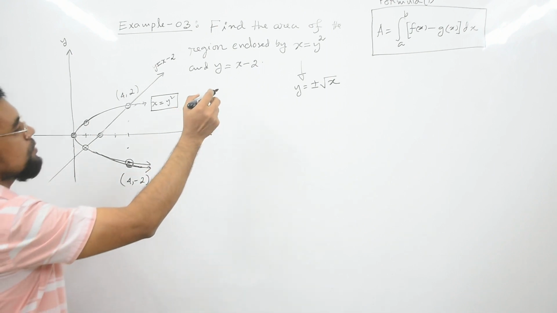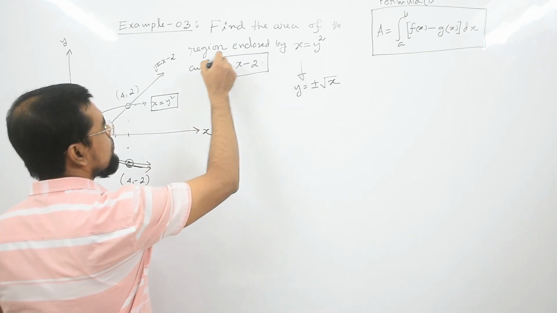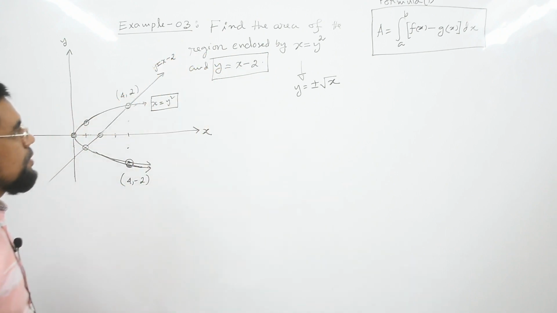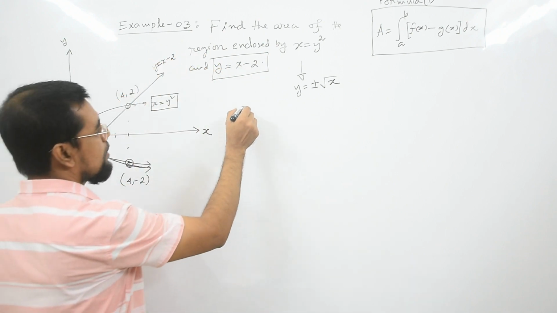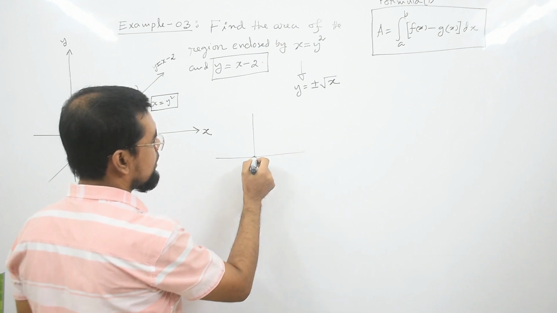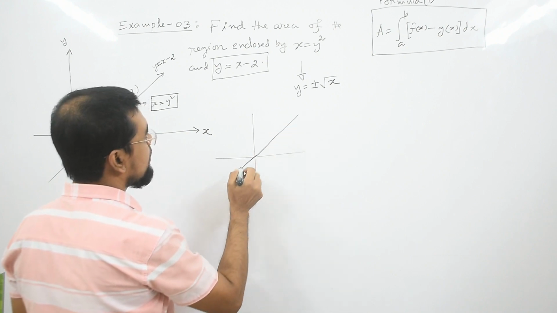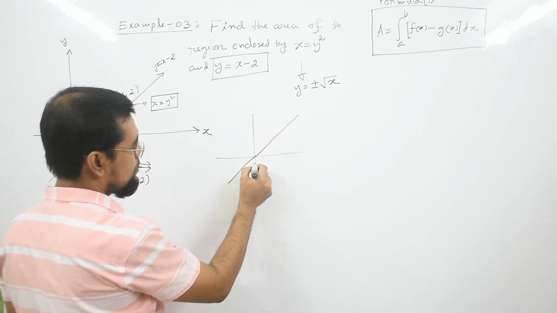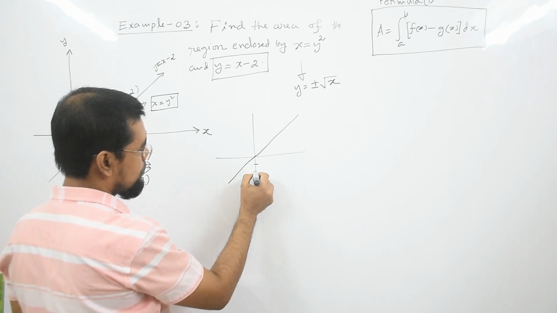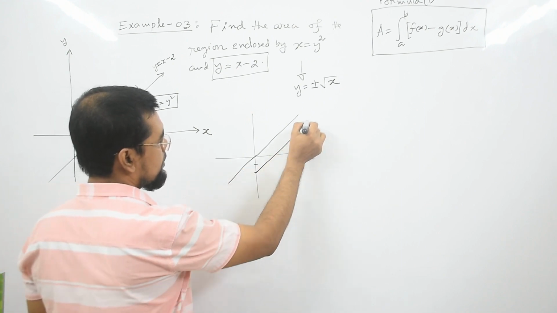And y equal to x minus 2 is a simple straight line. y equal to x is this line, and negative 2 means it will pass through this point, so it will be like this.